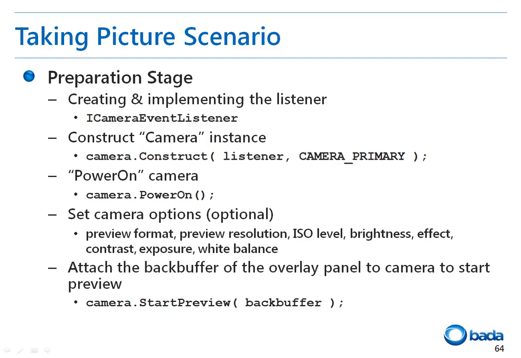If necessary, you can set various camera options. For example, you can set the preview format, the preview resolution, the ISO level, the brightness, effect, contrast, exposure, and white balance. Finally, call the camera's StartPreview function, specifying the background buffer of the overlay panel. The preview will then start.